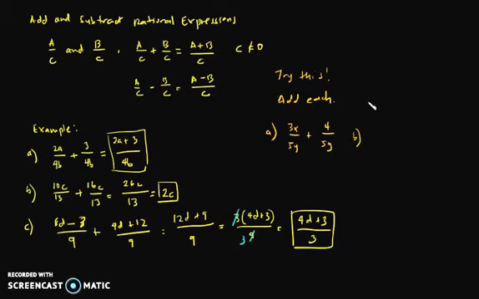For letter B, you have 9m minus 4 over 8 plus 3m plus 8 over 8. Now let's subtract. Subtract each. So, examples.